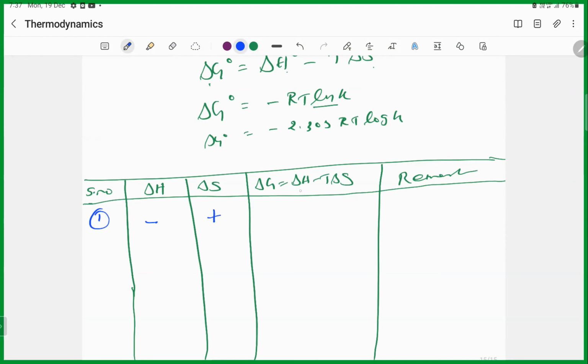When you substitute, this is a negative value, then minus into plus becomes minus. Totally delta G becomes negative. When it is negative, the reaction is spontaneous.